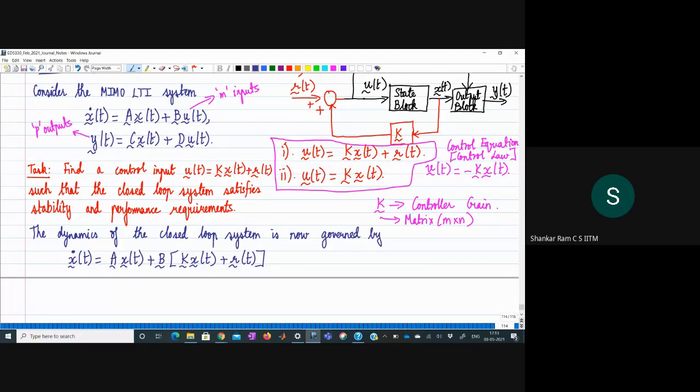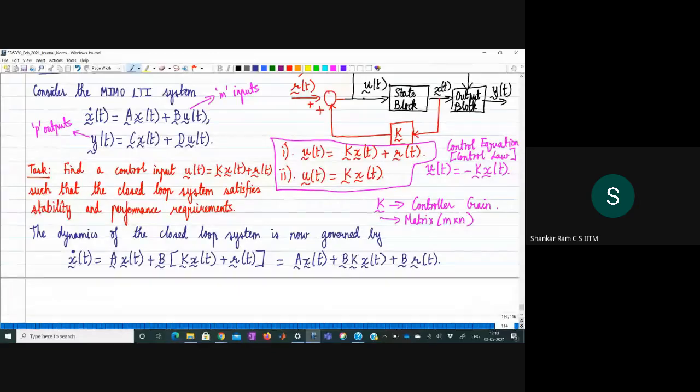So if we substitute this, essentially we will have a x of t plus b times k times x of t plus b times r of t on the right hand side.